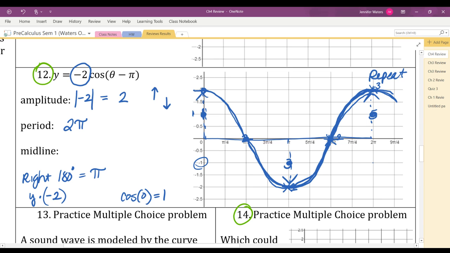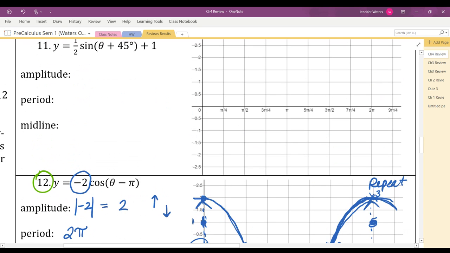Notice that my height is up to 2, my height is down to -2. That means the middle, if I were to cut this in half, is right here. And notice the y value is 0. So the midline is where y equals 0. It's where it cuts it in half. And that is how you would graph for number 11 and 12.